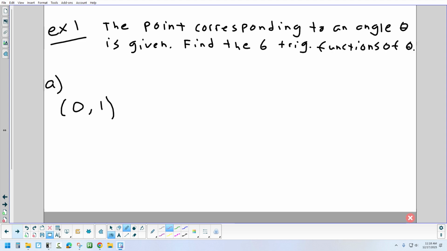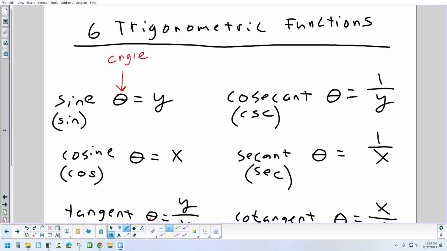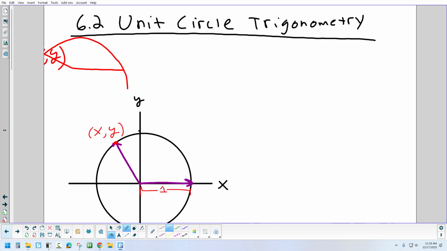So you got the x, you got the y. I want to find the 6 trig functions of the angle represented by this location. When I say represented by that location, I mean where the terminal side, if you extend it, hits the edge of the circle. I'm not going to clarify that every time, but that's what I mean when I say the coordinate that represents the angle.